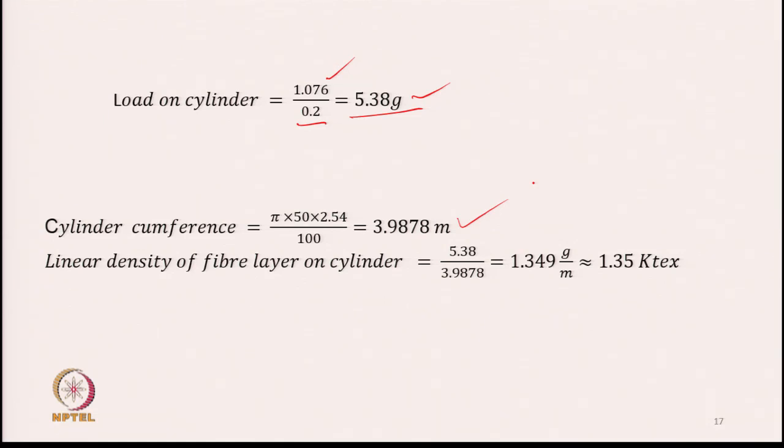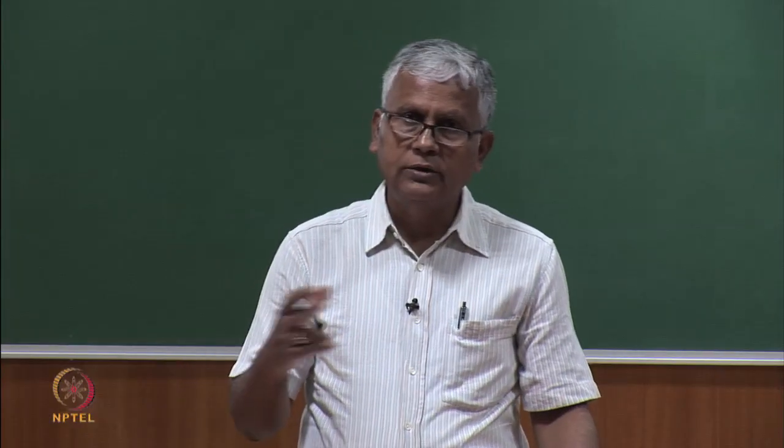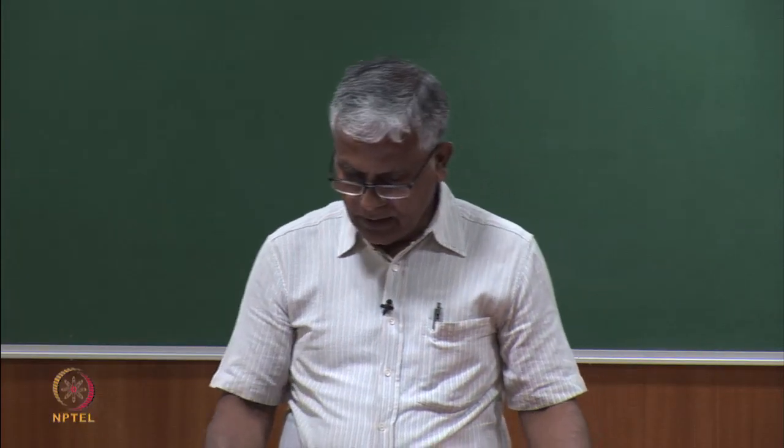Total circumference of the cylinder is 3.9878. So, if we take the ratio of these two, we get gram per meter. So, we divide these two and we get 1.349 or 1.35 gram per meter, that is the linear density of the material on the cylinder surface typically.